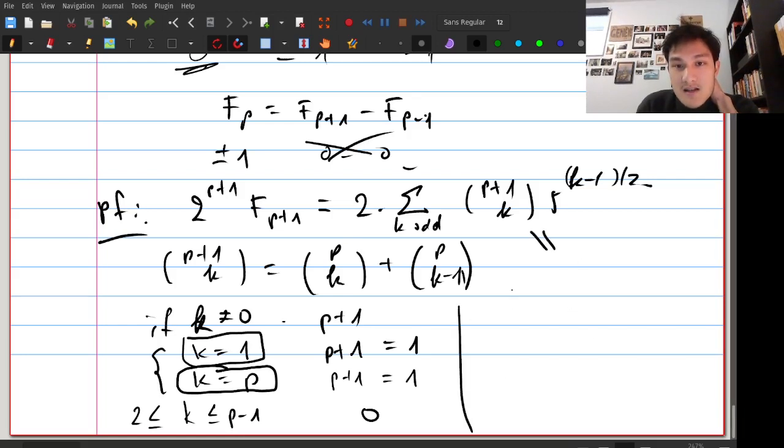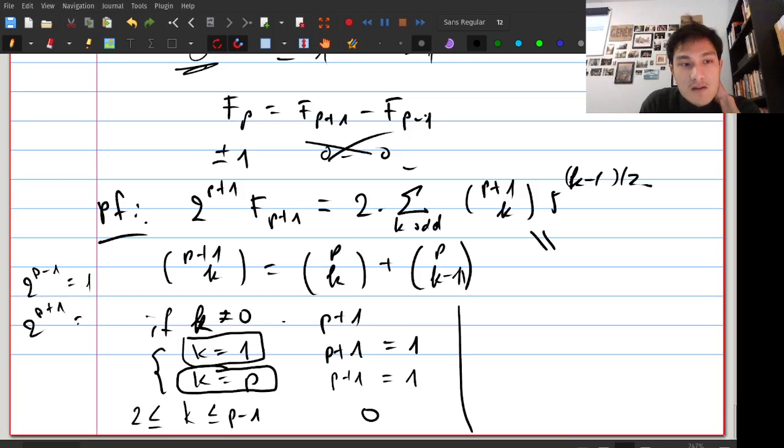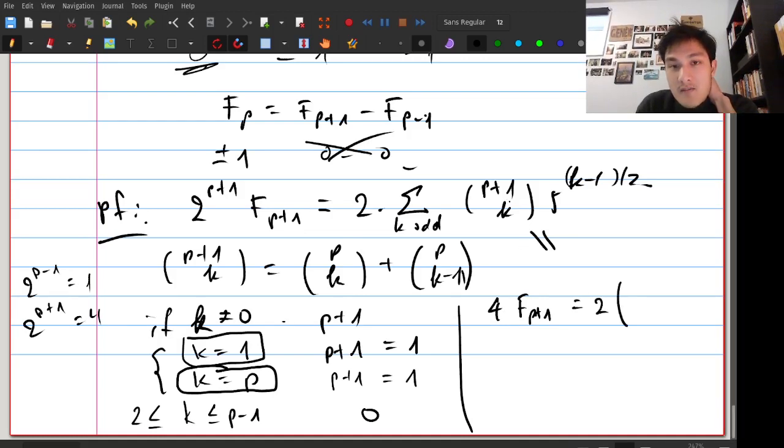So this thing tells us that 2 to the p minus 1 is equal to 1, so 2 to the p plus 1 equals 4. So we have 4 f p plus 1 is equal to 2 times, and then we care about the term where k is equal to 1.